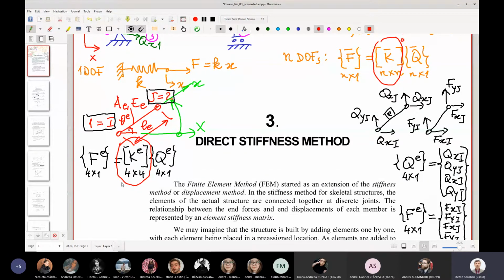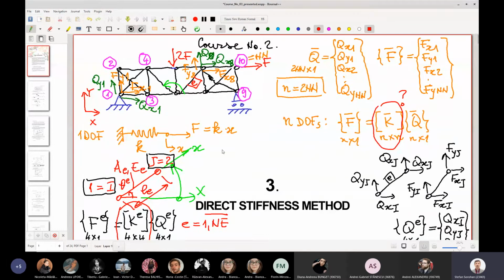So another subject for today: if we can write something like that, how can we obtain this matrix? And after that, because we have a number of elements from 1 to the total number of elements, let's say that this member here is member number 1, this is member number 2, for example. Again, not important.